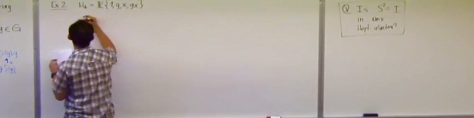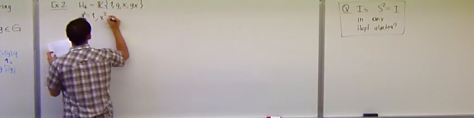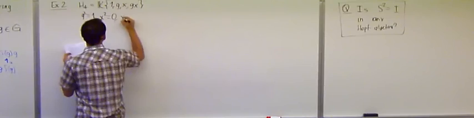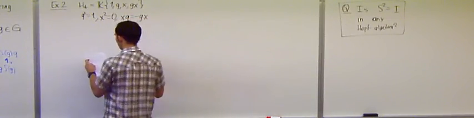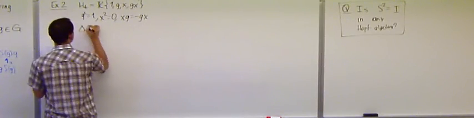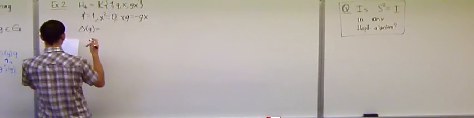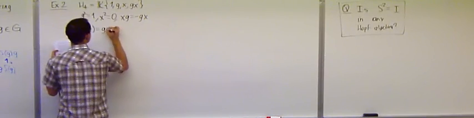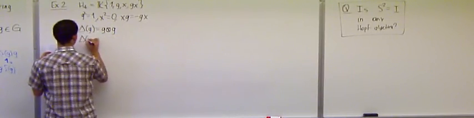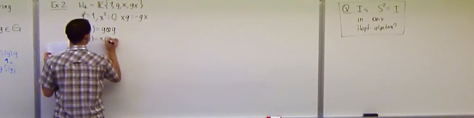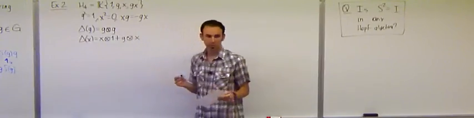We say that g squared is equal to 1, x squared is equal to 0, and xg is equal to minus gx. And so this defines the product here. And the coproduct is given by this.